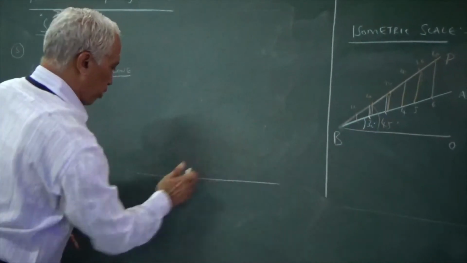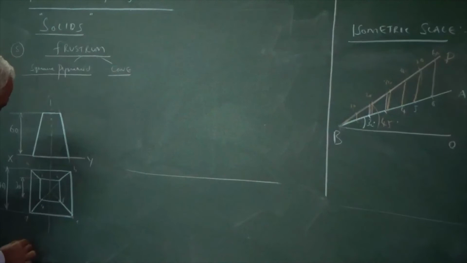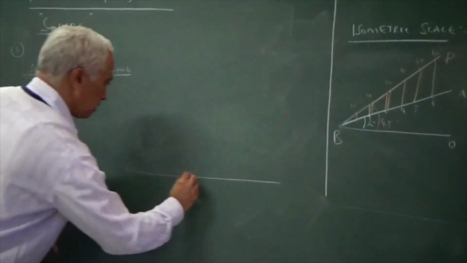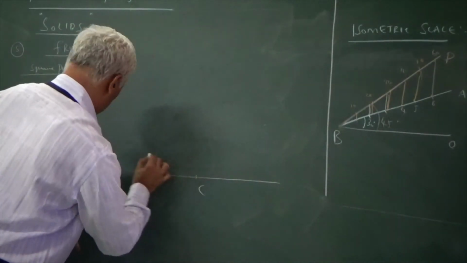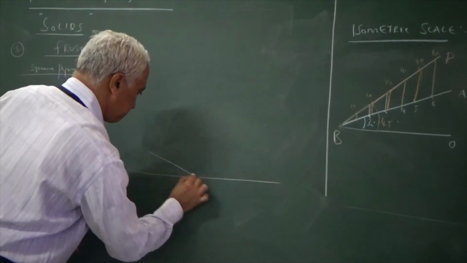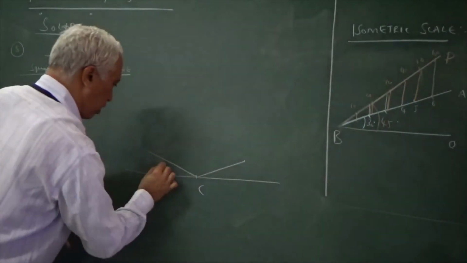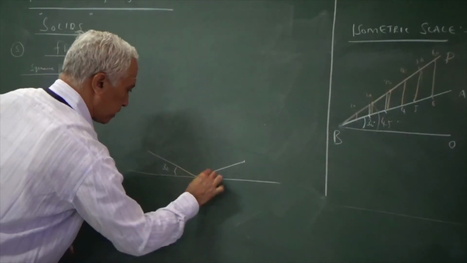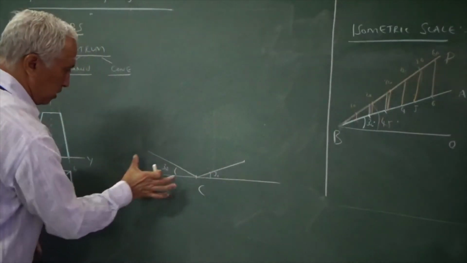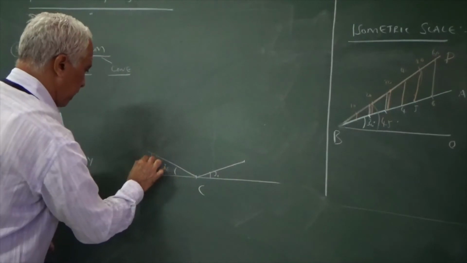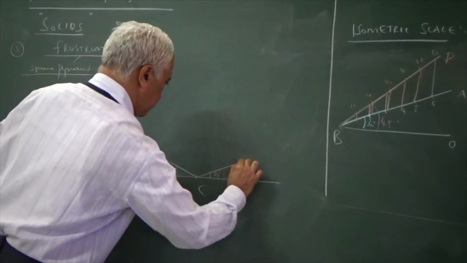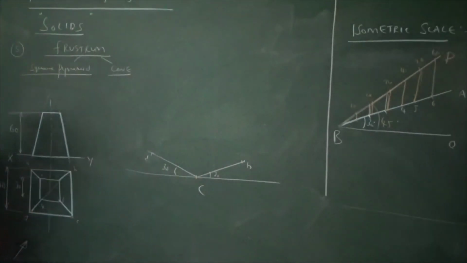Get ISO of 40. I can take point C as reference with my direction. C as reference. Draw a line CD. Draw a line CB. Both are inclined at 30 degrees to the horizontal. CD will be ISO 40 and CB will be ISO 40.